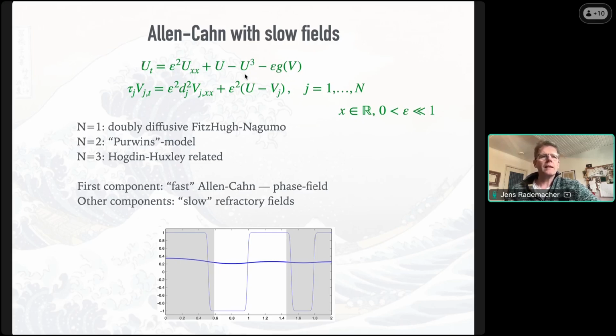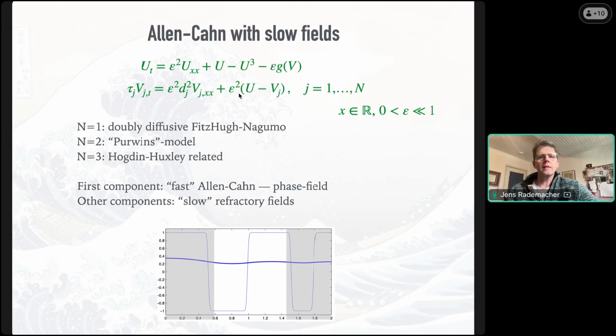And this is what's the classical one-dimensional Allen-Cahn equation, which was also the core in the other cases, as we saw. And then there are these linear equations, and these linear equations you can think of as basically heat equations with a stabilization, because this Vj factors into this with a negative coefficient.